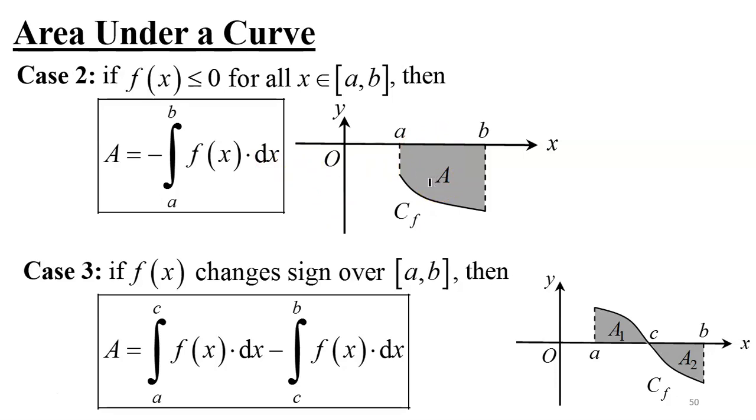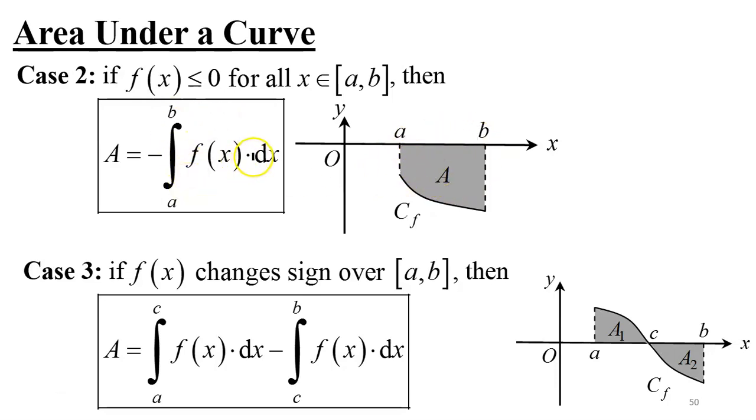So for that reason, whenever we have f of x to be negative over the interval ab, then the area represented here by the shaded region is in fact the opposite of the integral. So the area is defined by negative the integral from a to b of f of x dx. So that is when all the curve of the function is located below the x-axis over that interval.